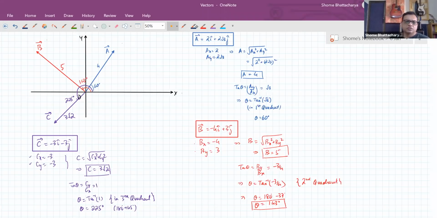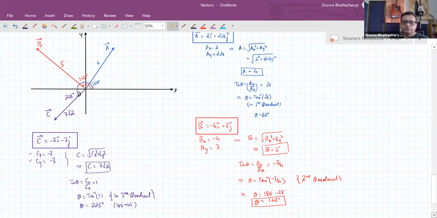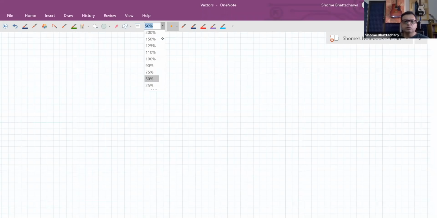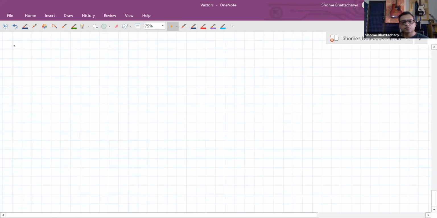Now, likewise, we can also have a situation where a vector is drawn for us, and we have to convert it to component form. So next, let's look at an example where we want to express the vector shown in component form.